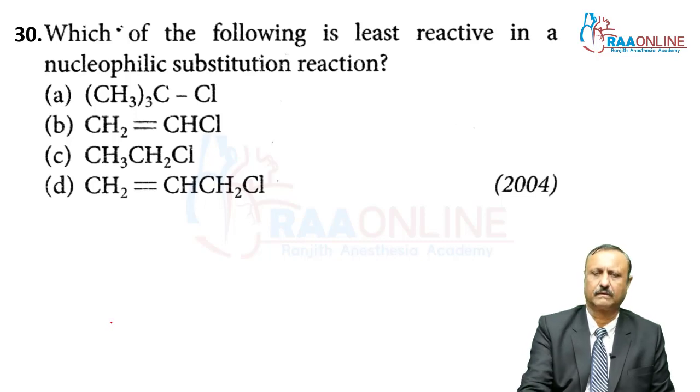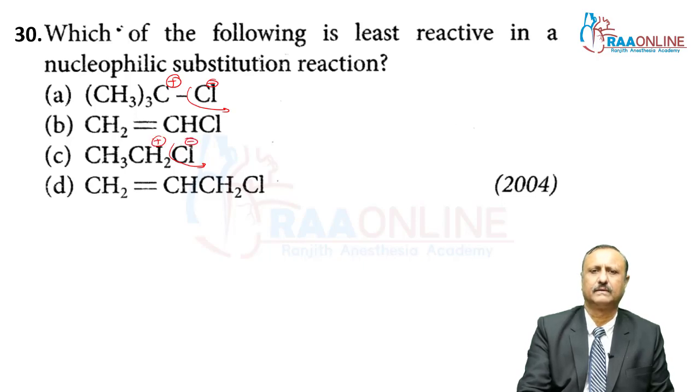Here you can see this carbocation is more reactive, the most reactive, because it's the most stable. Here when this compound is broken you can get the primary carbocation, and here you can also get the primary carbocation, which is present in resonating form. Why? You can see here.